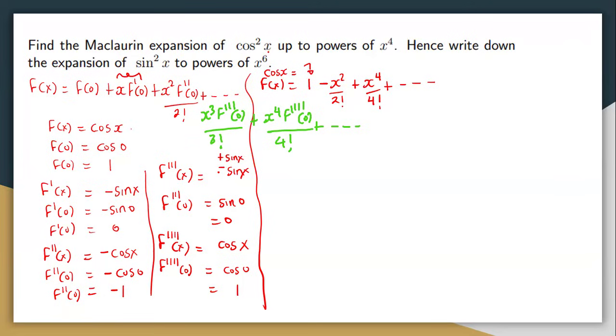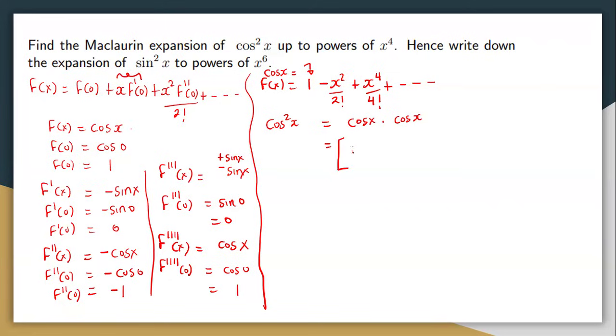Now, since they asked for cos squared of x, it means that I'm going to get these functions and multiply them twice. That is the meaning. What am I interested in? I'm interested in cos squared of x, which we know is the same as cos of x times cos of x. So you get the two series.